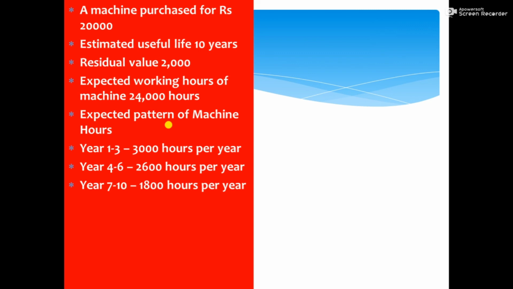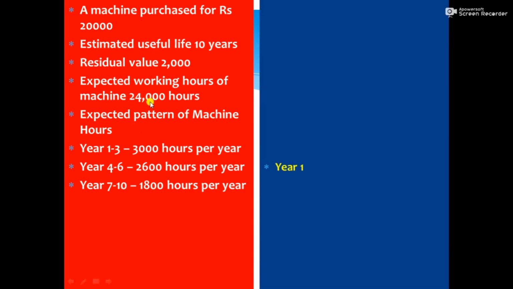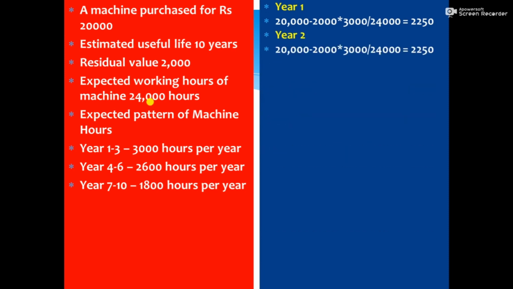And therefore, your first year depreciation will be rupees 18,000 into 3,000 divided by 24,000. Second year also same, because the machine hours for the second year also 3,000, and therefore 18,000 into 3,000 divided by 24,000, rupees 2,250 for the second year, and third year also the same, 2,250.